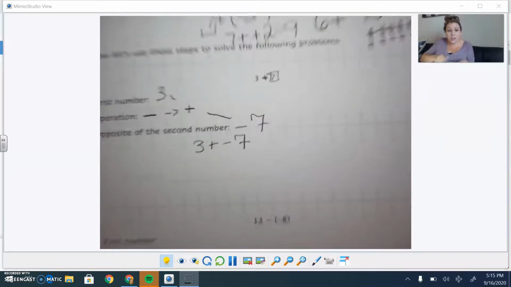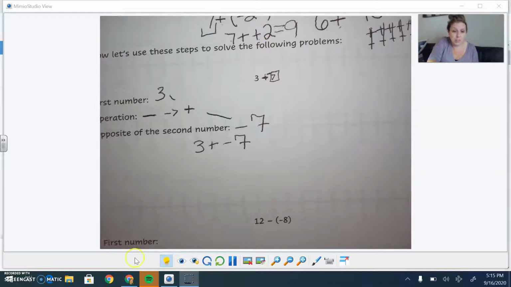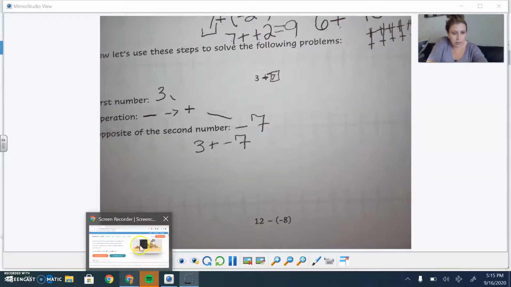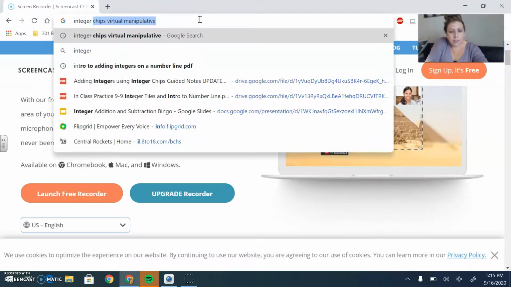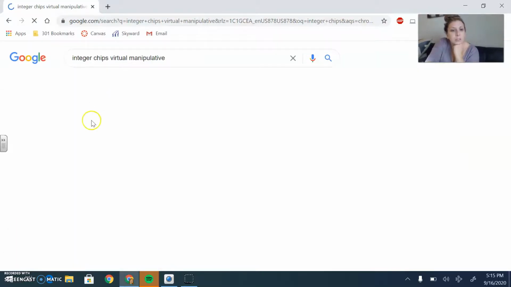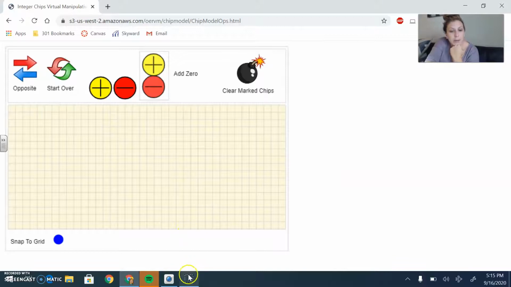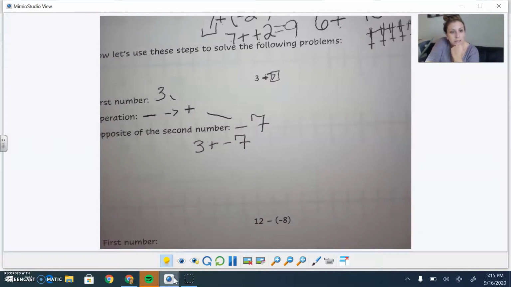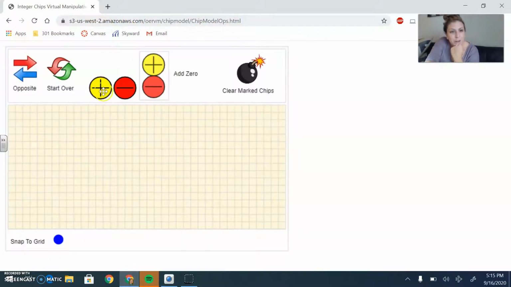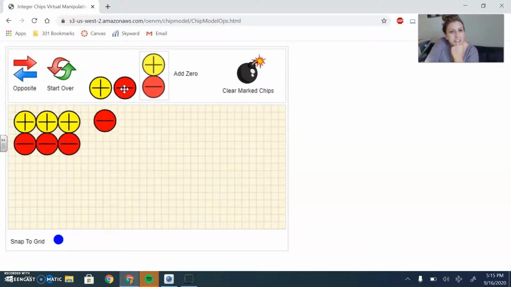And then from here, you can go ahead and actually use your integer chips. And I'm going to show you something really quick. If you ever want to use these manipulatives, you are more than welcome to do so. So our problem was 3 plus negative 7. So I would go over here and I would say, okay, I've got 3 positives and I've got 7 negatives.